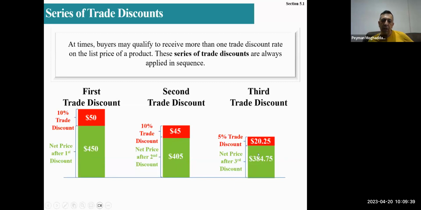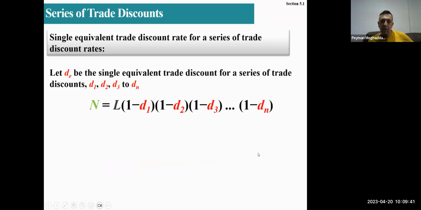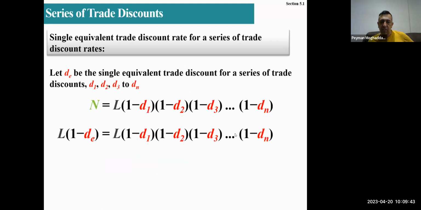Then we also learned the equivalent of a series of trade discounts, and we know the equation, right? That's the equation for a series of trade discounts. If you have a series of many trade discounts, you can calculate the net price, which is the list price times 1 minus D1, times 1 minus D2, times 1 minus D3, and so on and so forth, right?